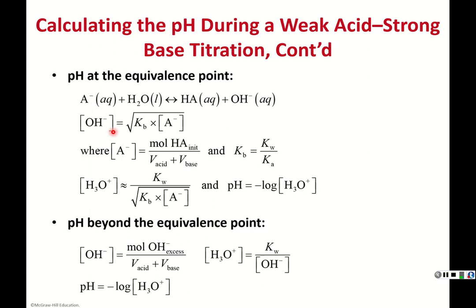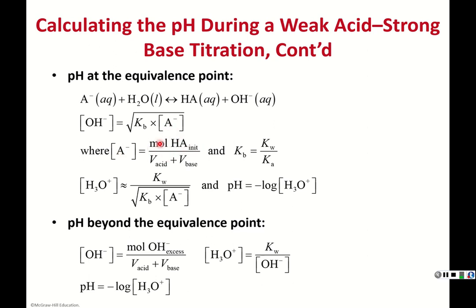You can find that OH minus concentration using this equation. You find the conjugate base concentration by using the moles of weak acid you started with.